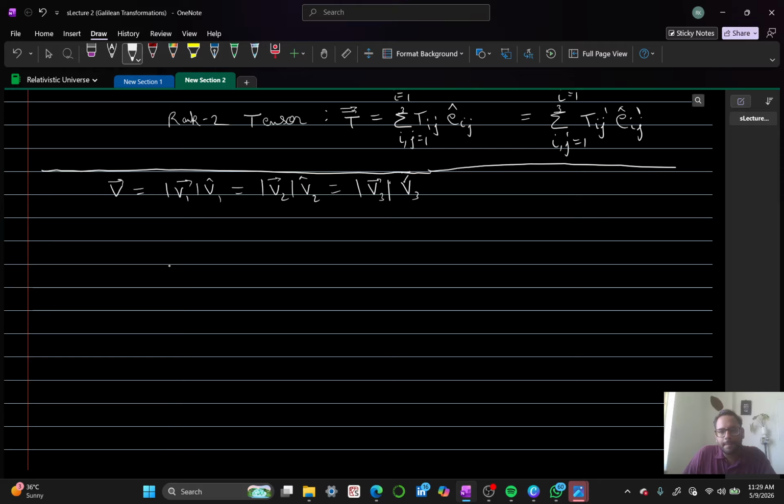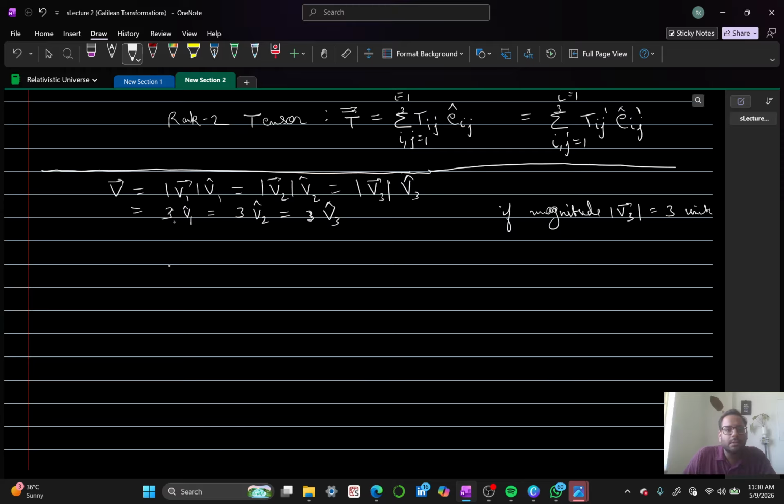So if the magnitude of this vector in representation 3 is, suppose, 3 units, then in all frames it must be 3 units: in representation 1, representation 2 also, and in representation 3 also.